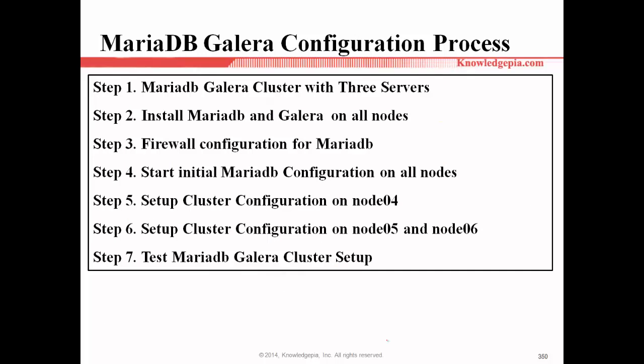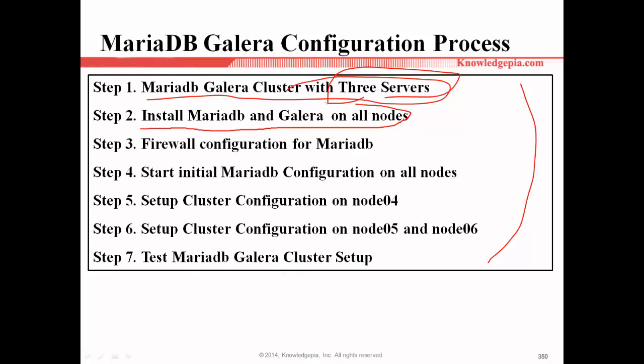MariaDB Galera configuration process. I already told you there are 7 steps. Step 1, MariaDB Galera cluster with the 3 servers. I already told you I will use the 3 MariaDB cluster servers. Step 2, install MariaDB and Galera on cluster nodes. Step 3, firewall configuration for MariaDB.